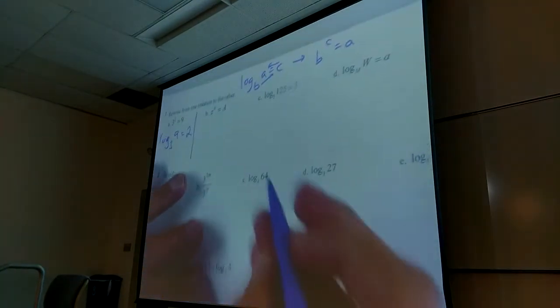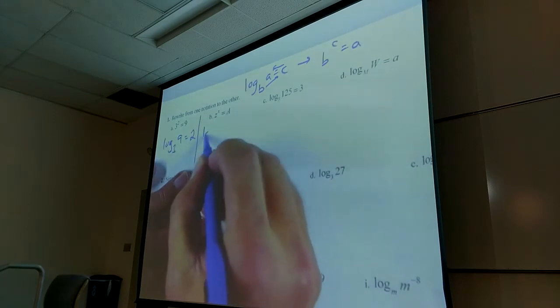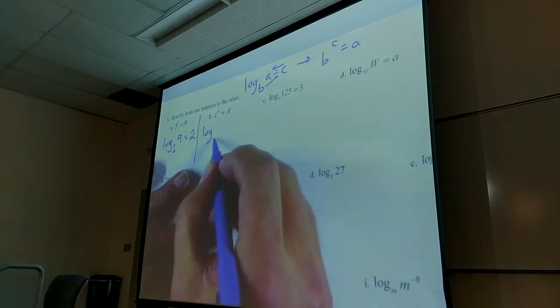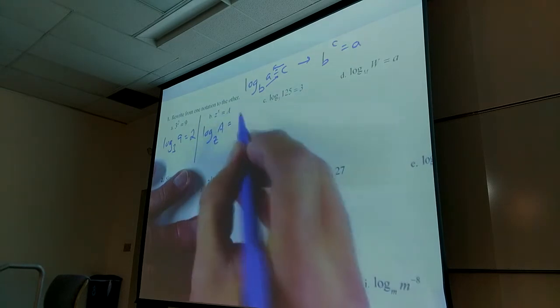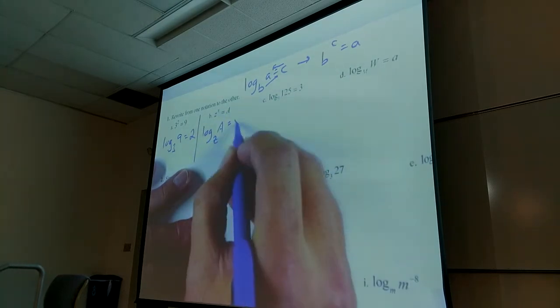The other side is what I'm doing right now. So this guy, log base z, this base is z. Yeah, the output becomes the input, and the answer to log is always the power.